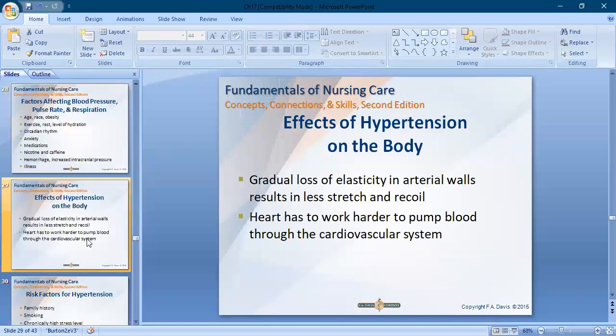The effect of hypertension on the body. Gradual loss of elasticity in the arterial wall results in less strength or recall, and the heart has to work harder to pump the blood through the circulatory system.